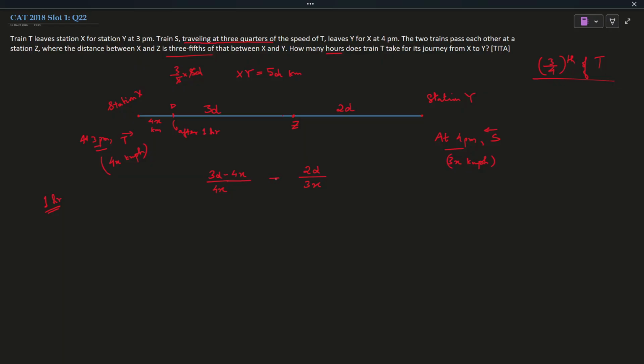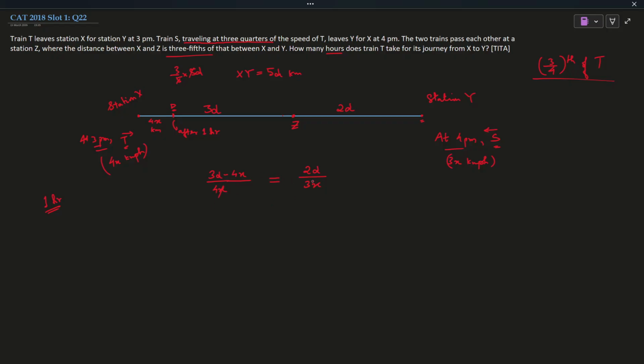Now you can equate the time. Both the trains have started at 4 p.m. Train S started from station Y at 4 p.m. and train T started from point D at 4 p.m., and they meet at Z. That is why I am equating the time.